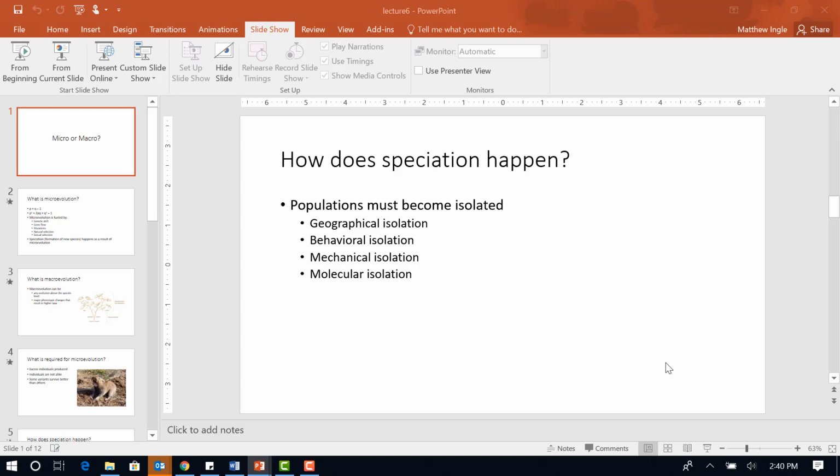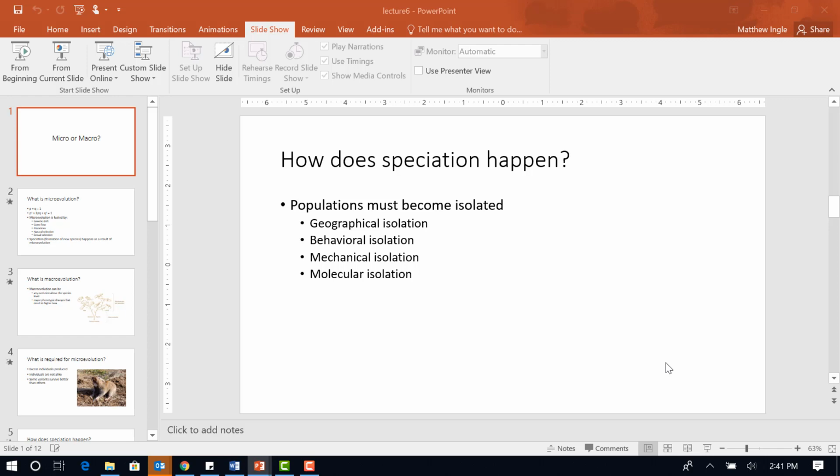So how does speciation happen? How do we actually generate speciation through processes of microevolution? There are people that would suggest and argue that you cannot have speciation without geographical isolation, that geographical isolation is an absolute must in order to generate a speciation event.